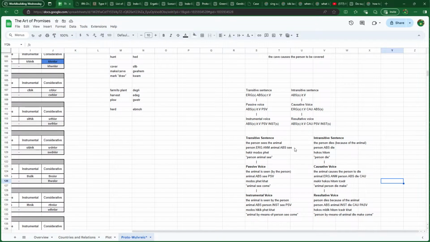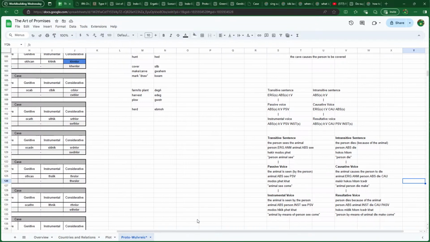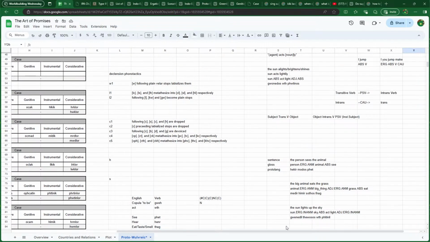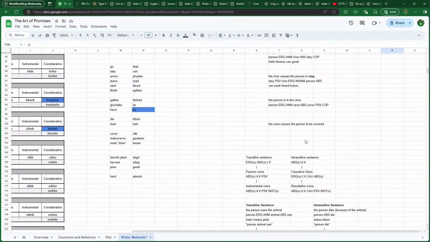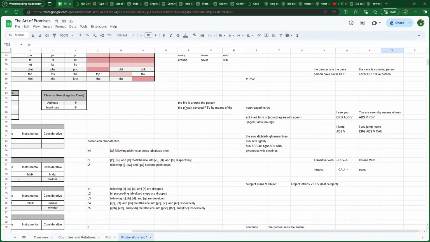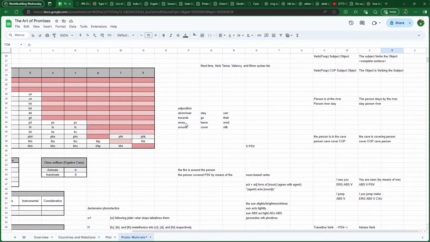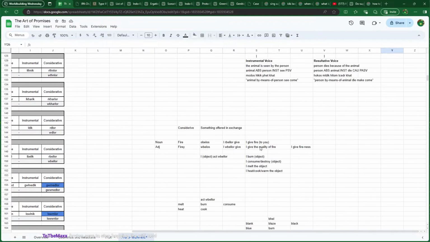Okay. But now that we've got that, we can make whatever kind of sentence we want. And the reason we did that is to justify this. Okay. Oh shoot, you know what? We need to do it with VSO word order too. This is getting ridiculous. Okay. VSO word order, verb emphasis.